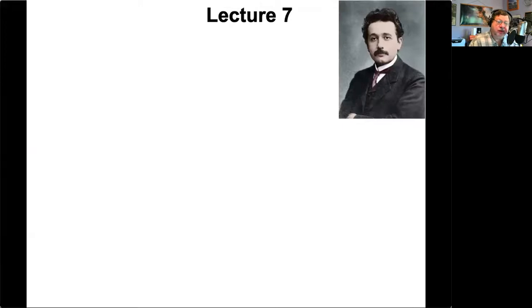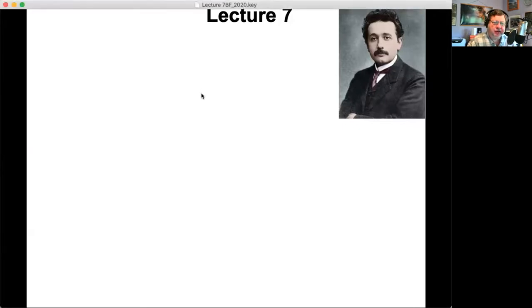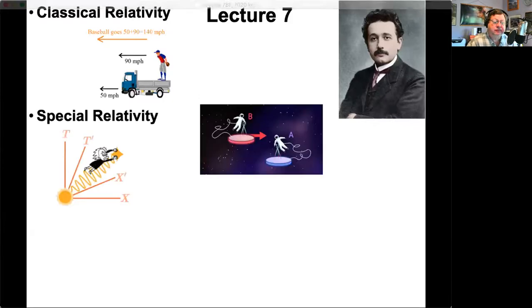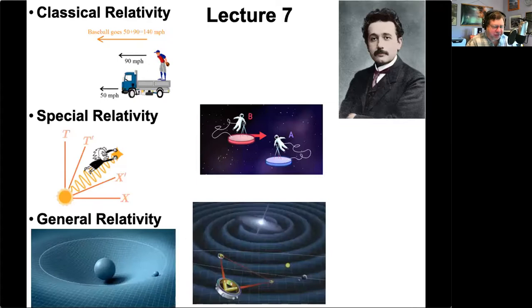We're going to talk about three topics: classical relativity, special relativity, and general relativity. Classical relativity is our day-to-day lives in terms of how things are relative, and we'll talk about that in a second.